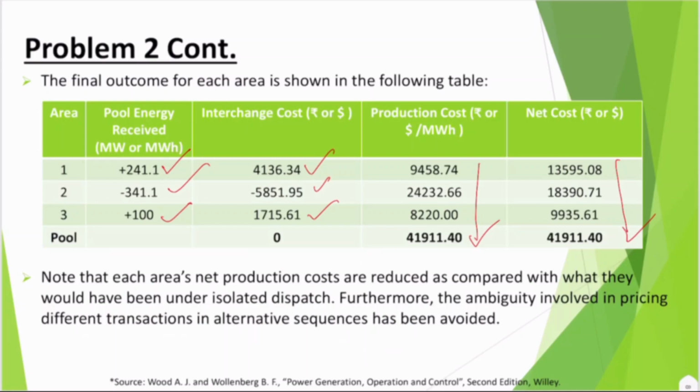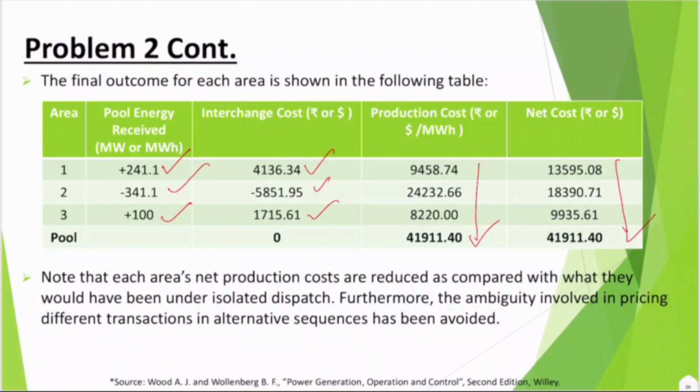So now it is very clear who is gaining and who is losing, and how the pool benefit can be distributed among different consumers. Note that each area's net production costs are reduced as compared with what they would have been under isolated dispatch. If they do one-to-one, then each area must pay more than what they are desired to pay.